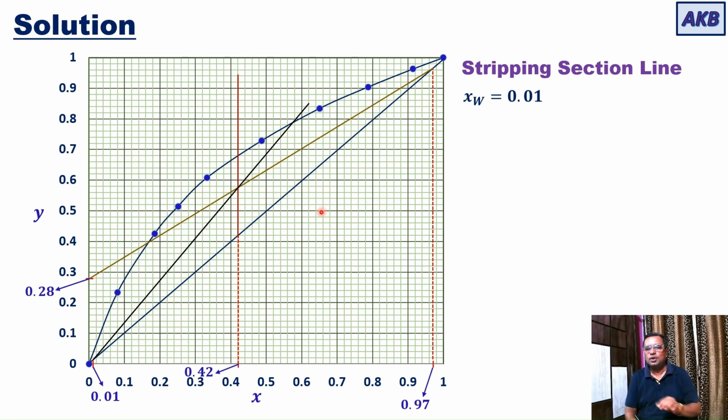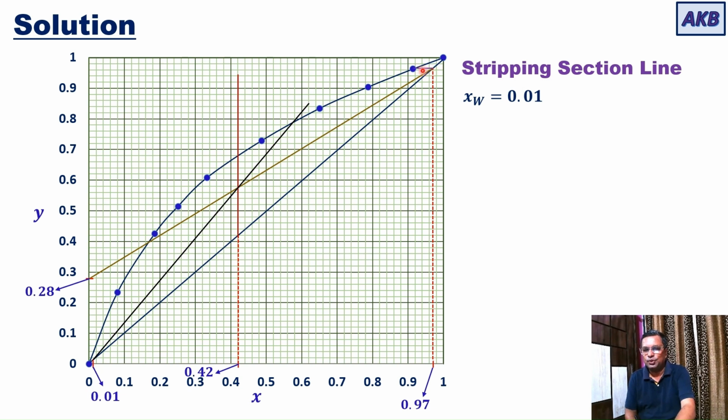Okay. So now the basic structure that we are going to use for finding the number of equilibrium stages is ready. Now you just have to drop the stages. For that, we will be starting at this point, XD, the point at which the rectifying section starts on the diagonal.